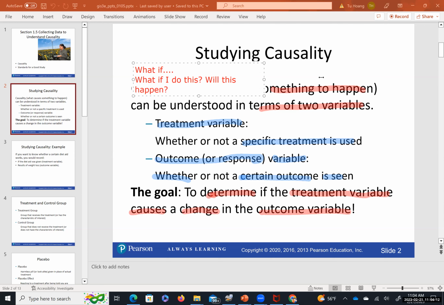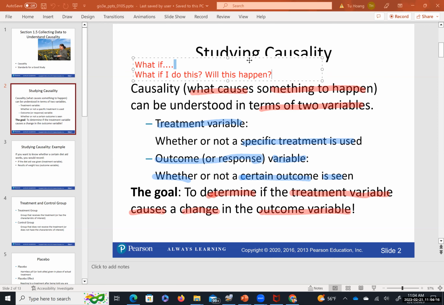So for the study of causality, we can have many important questions, one about causality or cause and effect. We can ask a question like that, right? All right, so let's move to the next slide.